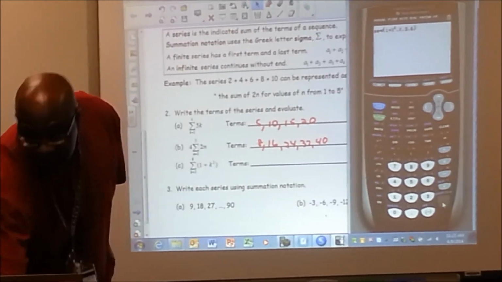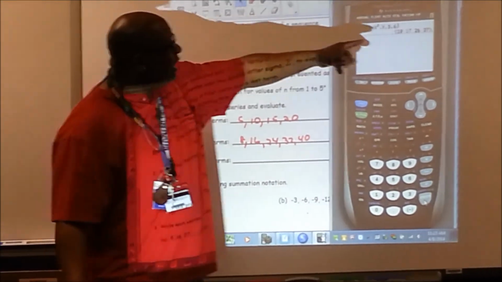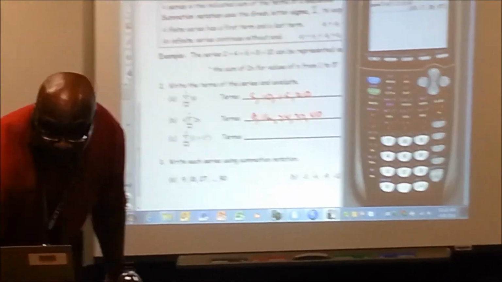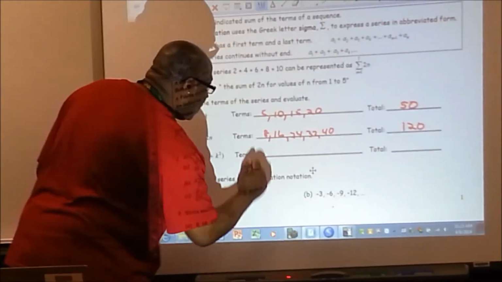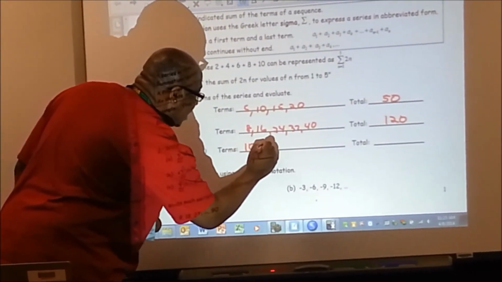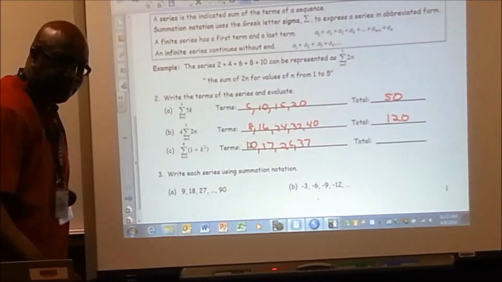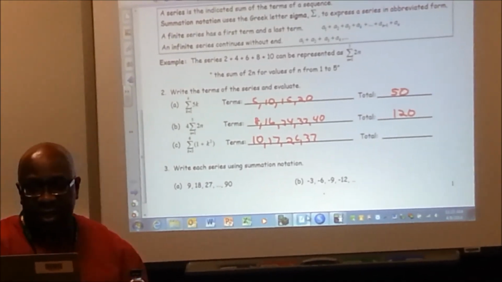So, the third through 6th terms for this particular formula happen to be 10, 17, 26, and 37. So let's put those in. 10, 17, 26, 37. Now, we can simply just sum those up.